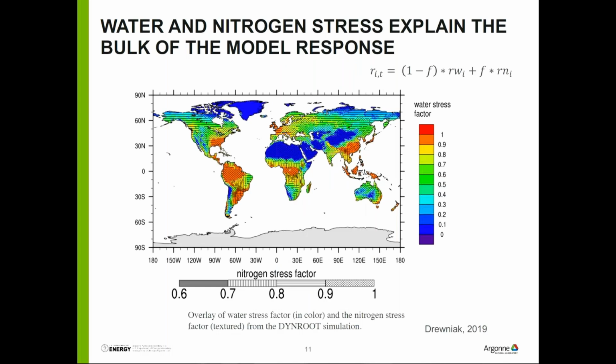So this is an overlay of the water stress factor in the model and the nitrogen stress. And I also put the equation up here too because I wanted to explain a little bit what's going on.